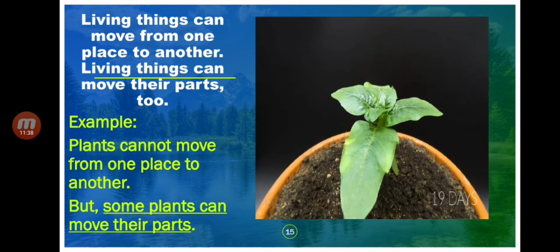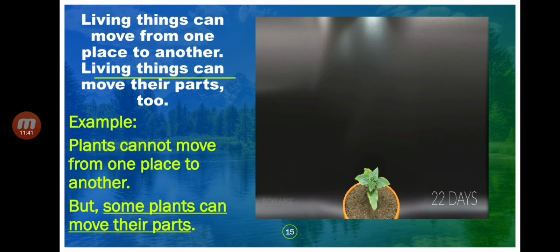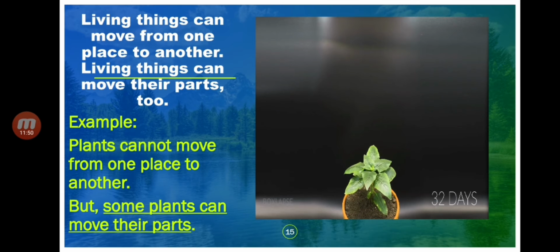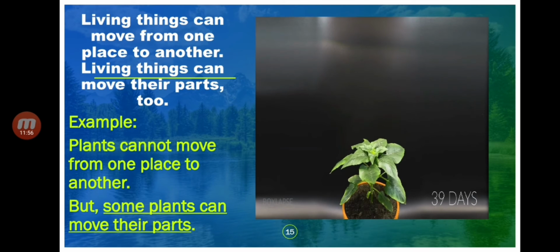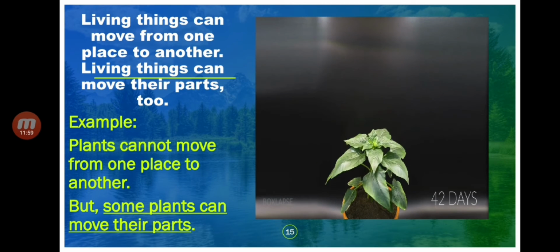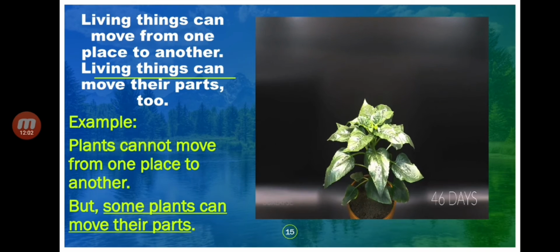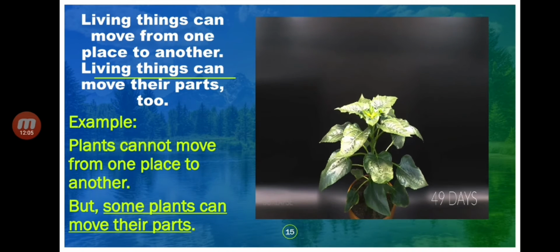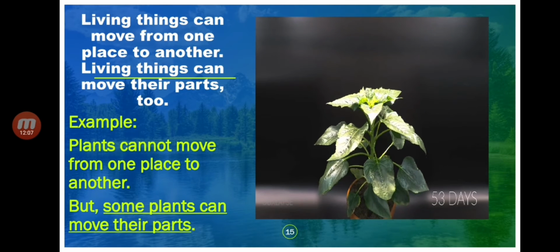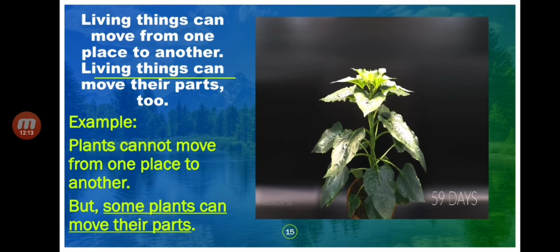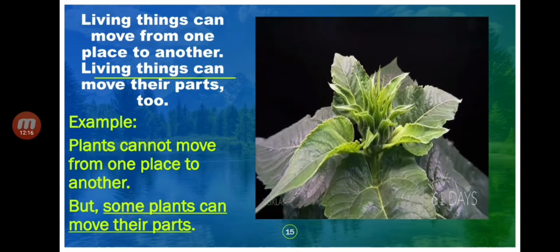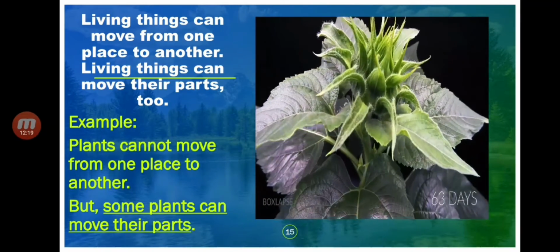That plant is a sunflower. Day 30, they started to grow more leaves, and they grow taller and taller. Day 53, the flowers started to grow also. Nice. That is how plants move their parts.